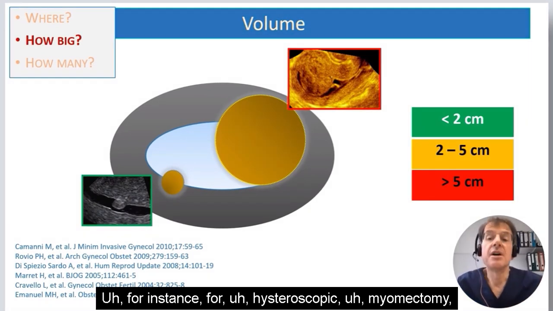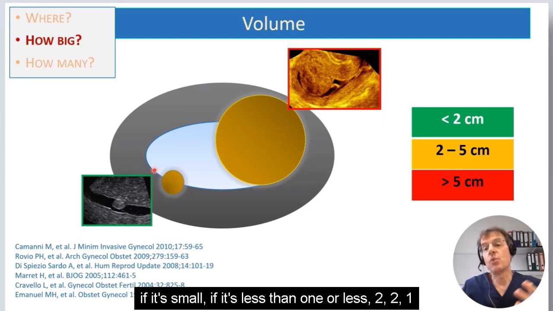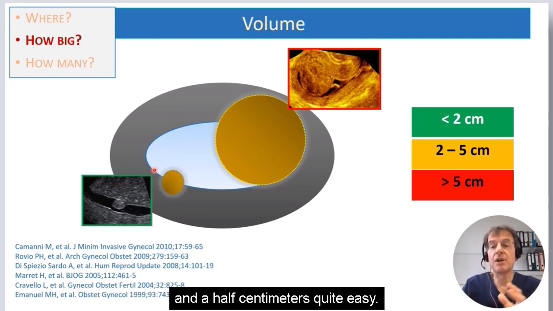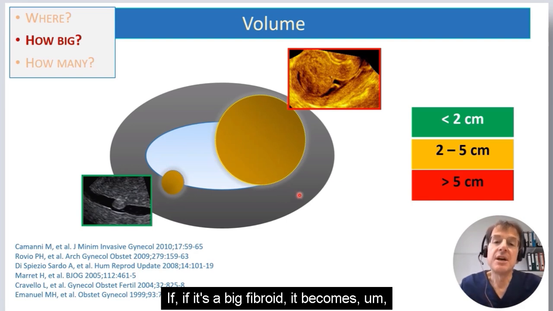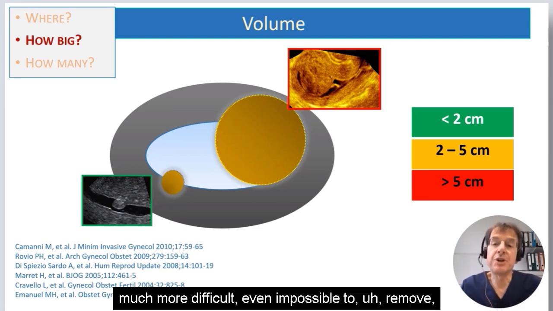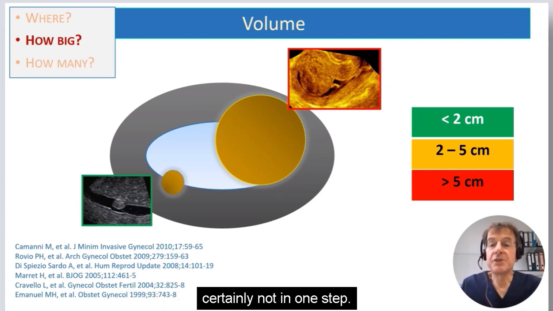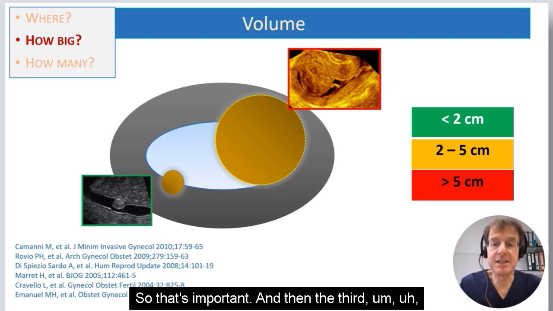For instance, for hysteroscopic myomectomy, if it's small, less than 1.5 to 2 centimeters, it's quite easy. If it's a big fibroid, it becomes much more difficult, even impossible to remove, certainly not in one step. So that's important.